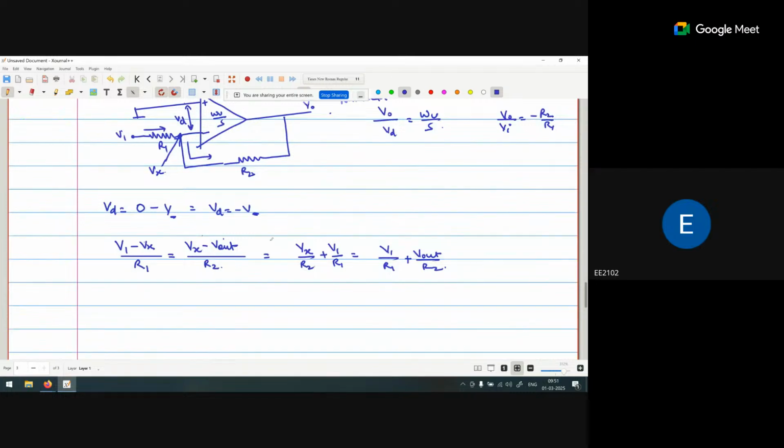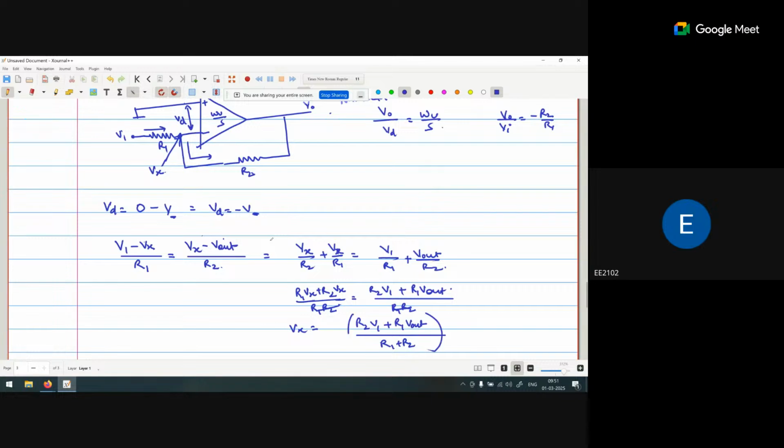Taking LCM R1 R2, it becomes R1 Vx plus R2 Vx equal to R2 Vi plus R1 V out. These cancel out, so Vx is nothing but (R2 Vi plus R1 V out) upon (R1 plus R2).